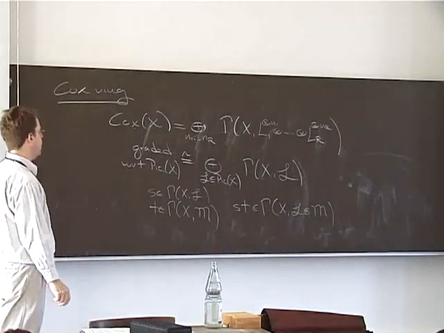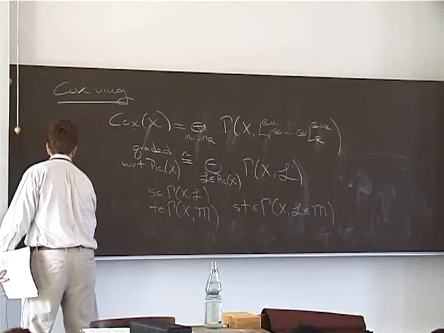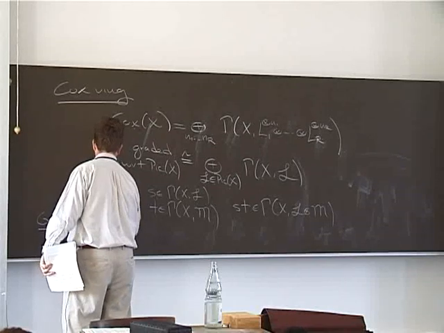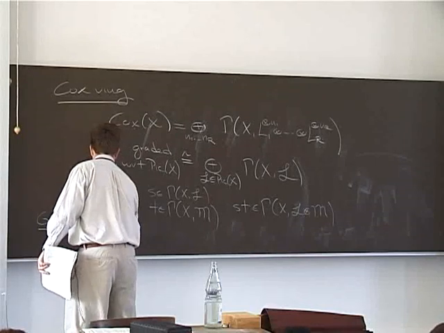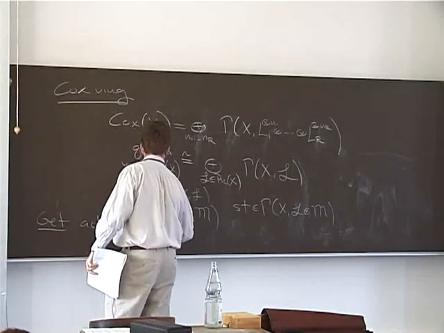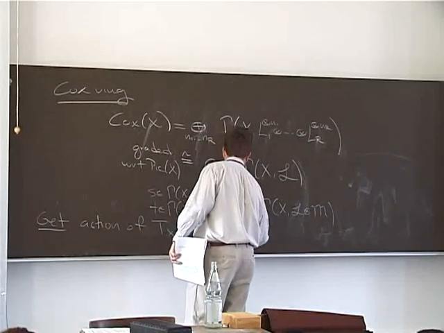By virtue of this grading, we also get a natural action. I shouldn't say natural because it's not natural. We get an action of the Néron-Severi torus T of X on the Cox ring.